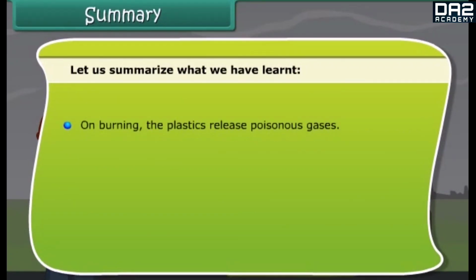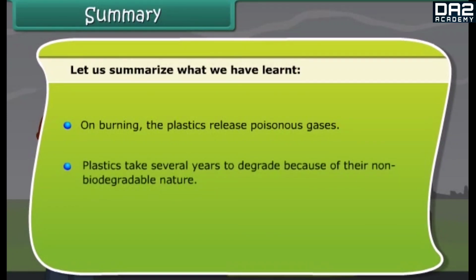On burning, the plastics release poisonous gases. Plastics take several years to degrade because of their non-biodegradable nature. Adopt 4 R's: reduce, reuse, recycle, and recover.